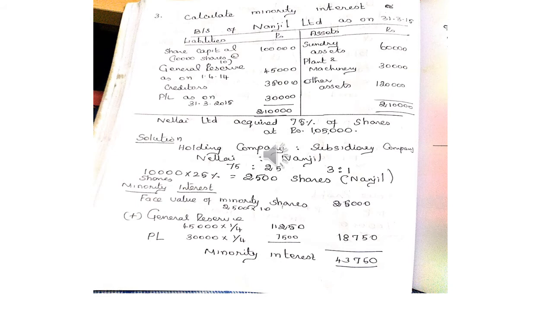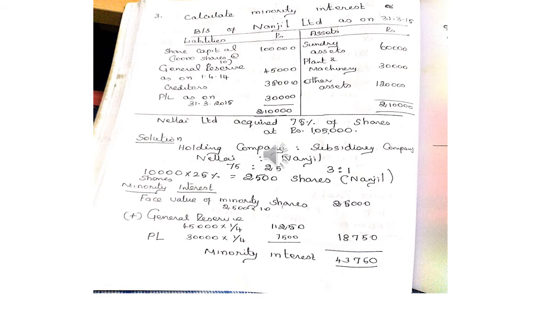The face value of shares is rupees 10 into 2,500, so 25,000. General reserve is 45,000. We have to see minority interest for the subsidiary company. The ratio is 1/4, so 11,250.